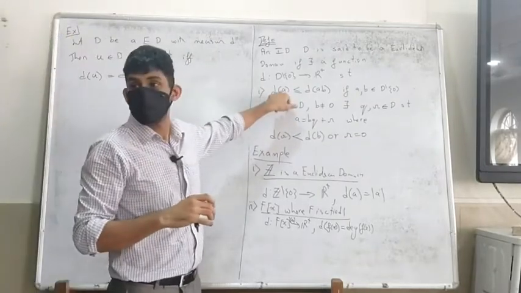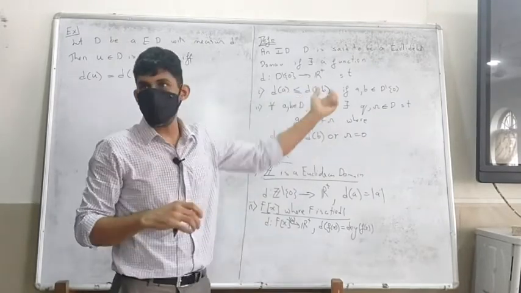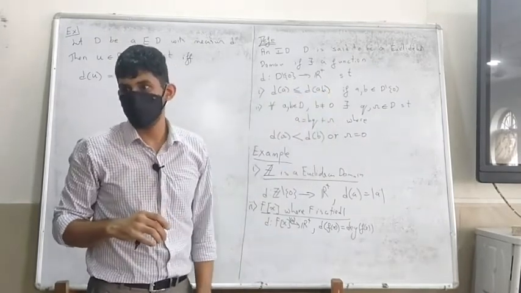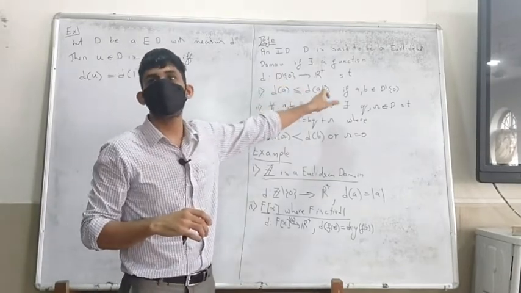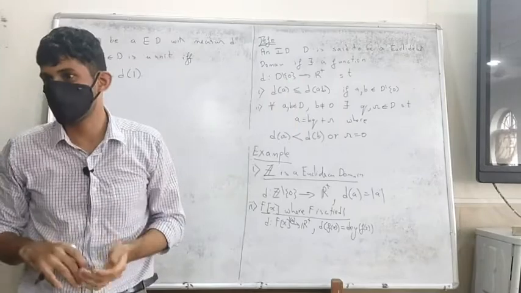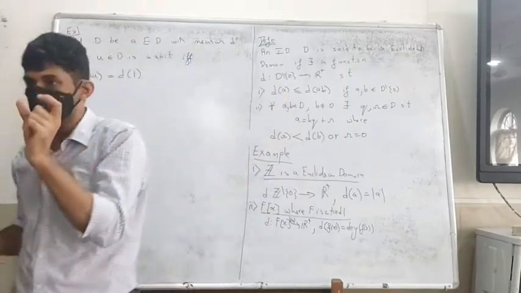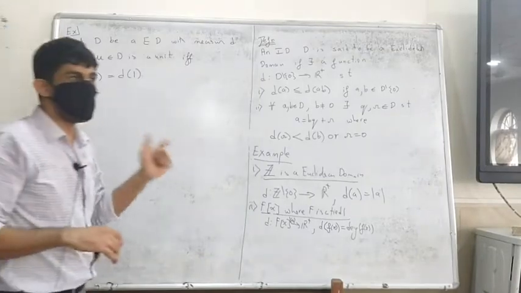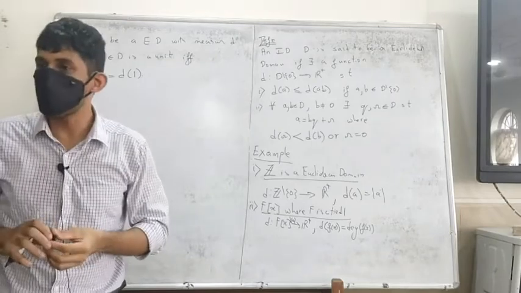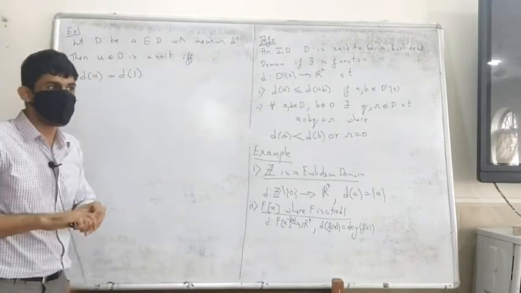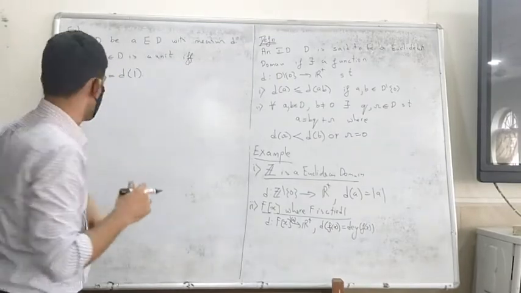Just look at this. If you take x as any element in D, then d(1) would be less than or equal to d(1·x), which is d(x). So the least measure will be attained at 1, and anything else is going to have a measure bigger than d(1).